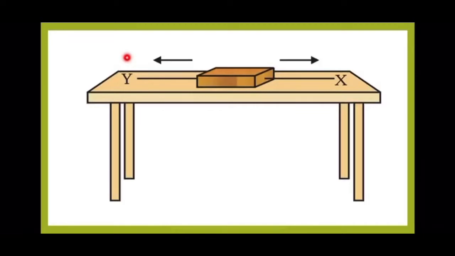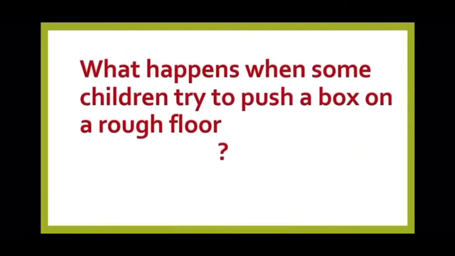If the forces are of different magnitude, then the block would begin to move in the direction of the greater force. And now the force is said to be unbalanced force. What happens when some children try to push a box on a rough floor?